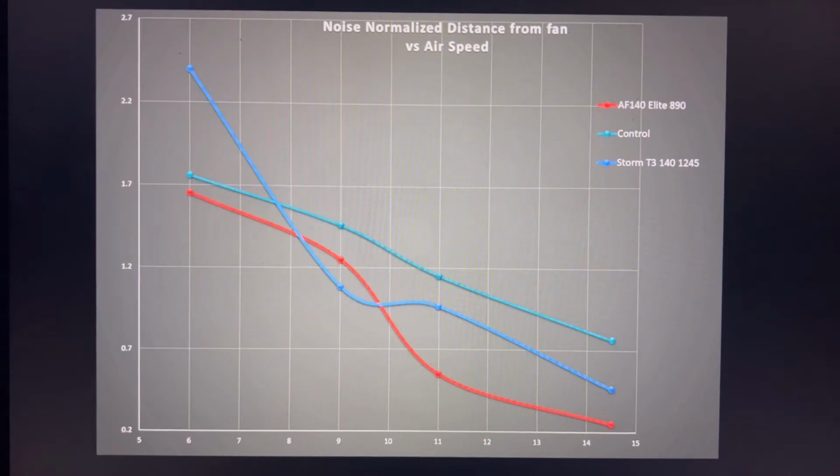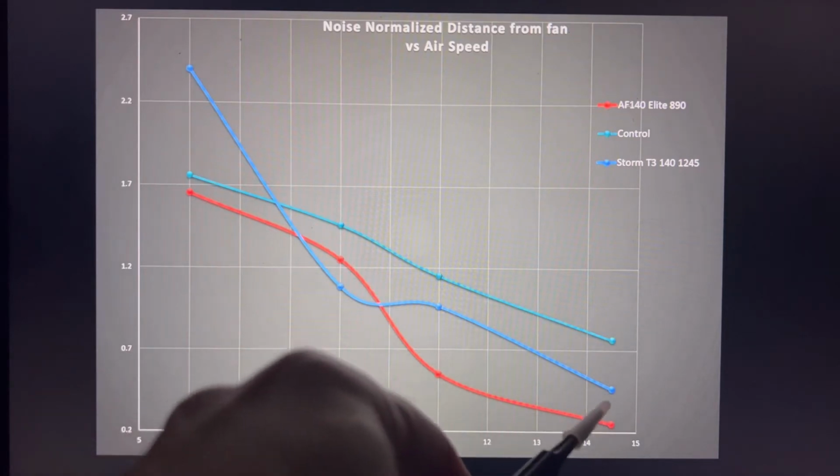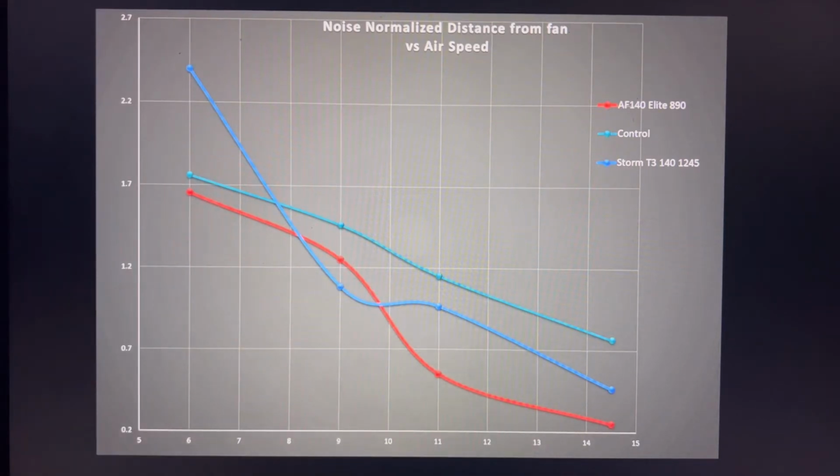So what I'm seeing from this is that neither of these two fans really creates a focused airflow, and they tend to lose a lot of air velocity, more like a 120 millimeter fan, where this behavior of dropping off almost to zero at the end of my case simulation tends to happen more often, while most 140 millimeter fans tend to maintain air velocity.